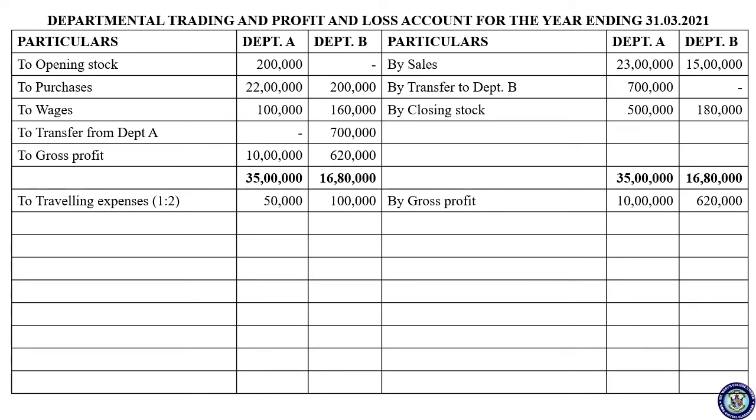Okay, next item, that is printing and stationery. Now it is on the basis of ratio of sales. Ratio of sales means including transfer. So A is 30 lakh, correct? A is 30 lakh and B is 15 lakh. I cancel all the zeros and I am left with only 30 and 15.